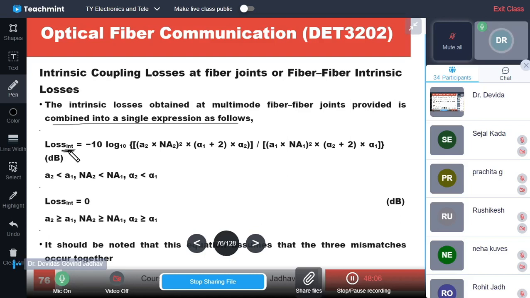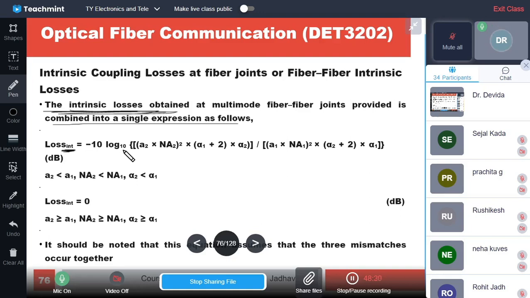So this loss INT is the intrinsic loss due to the diameter mismatch, numerical aperture mismatch, and refractive index profile mismatch, all three together. It is called loss INT. It is a combination of all these formulas.